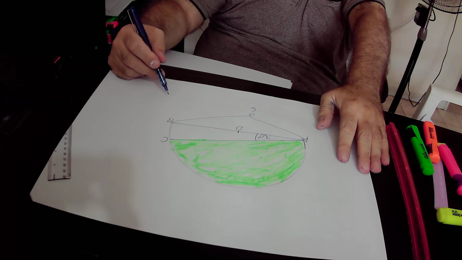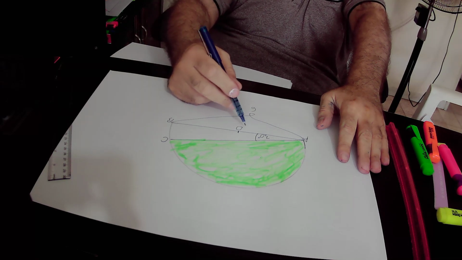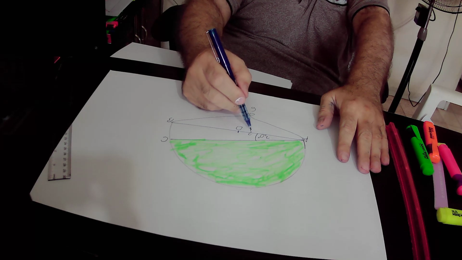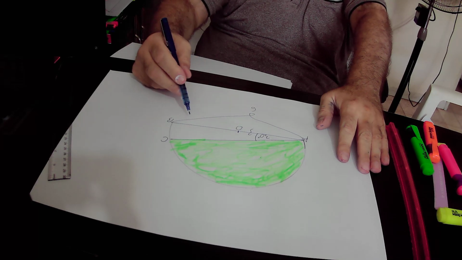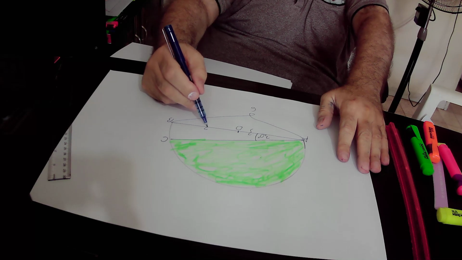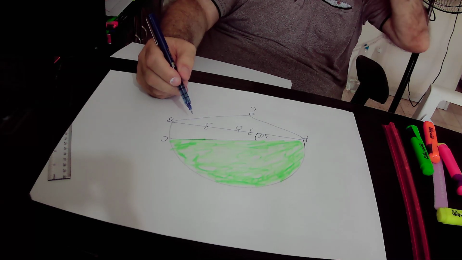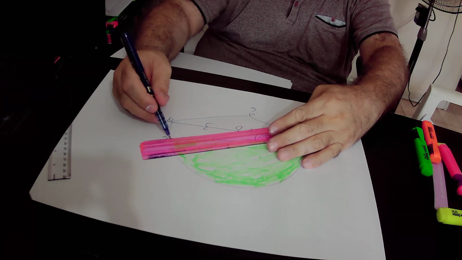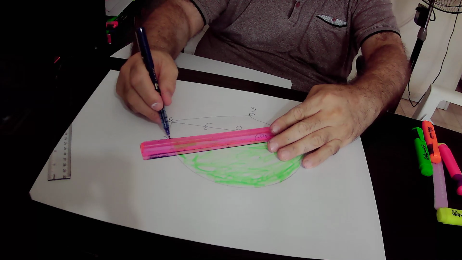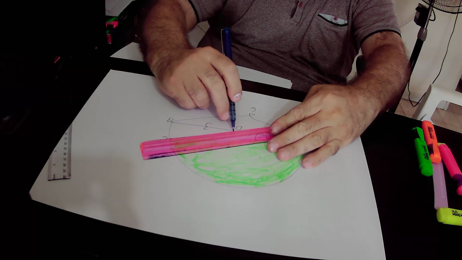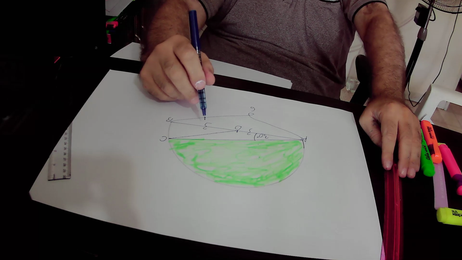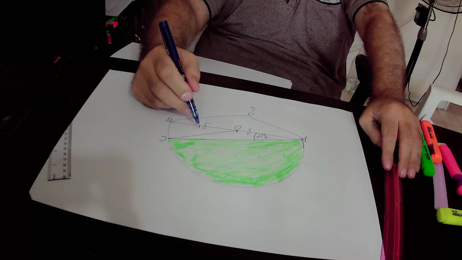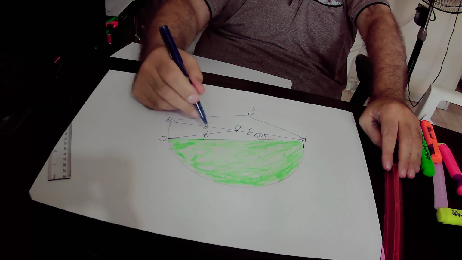Therefore AO, the radius of this semicircle, will be equal to 3 units, and the radius OB will also be equal to 3 units. We join points O and C together by a straight line. Point O is the center of the circle, point C is a point on the circle itself, therefore OC is the radius of the semicircle, that is equal to 3 units.